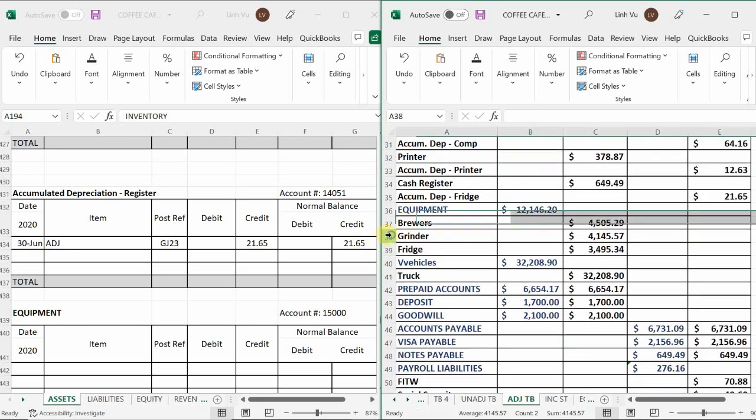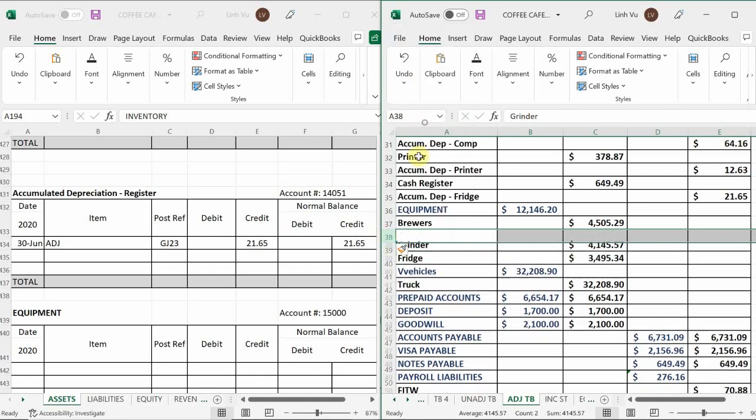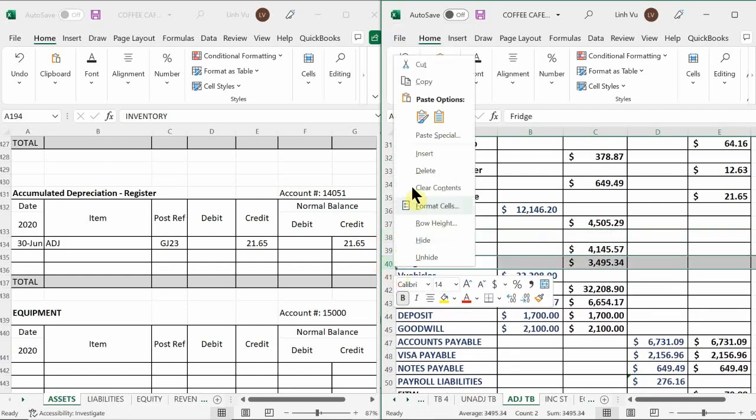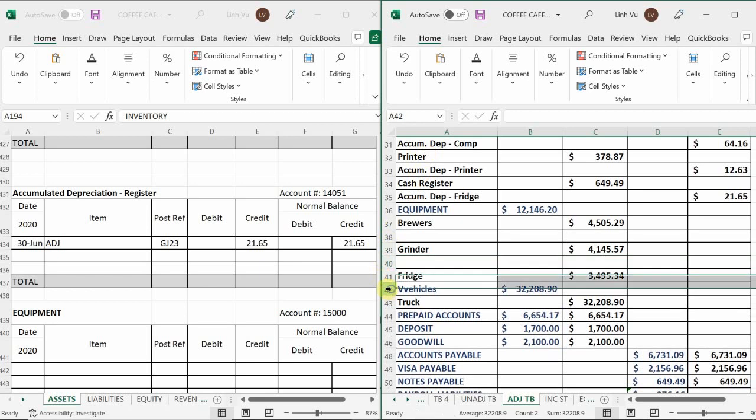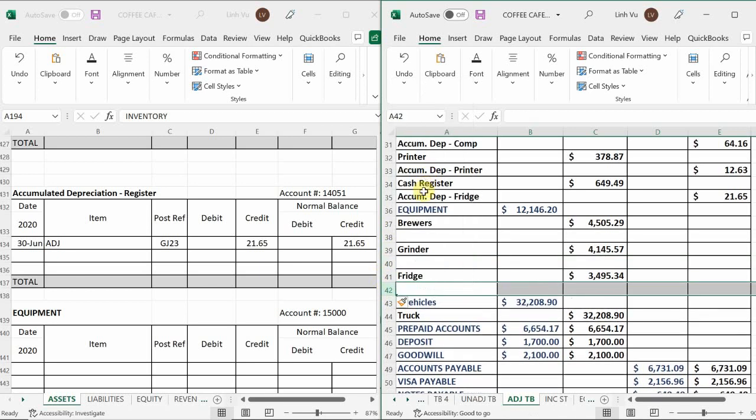I have coffee brewers, I have coffee grinder, and I have my refrigerator now. So I have to change this. I've got the accumulated depreciation for the brewers.